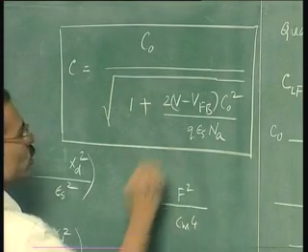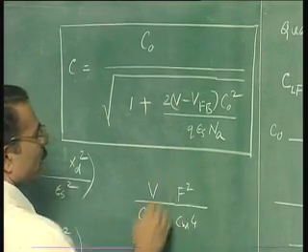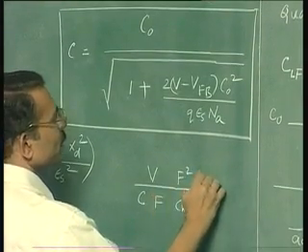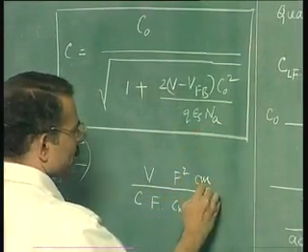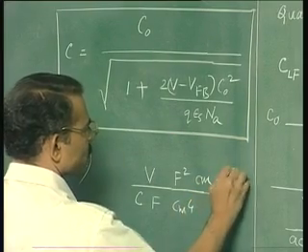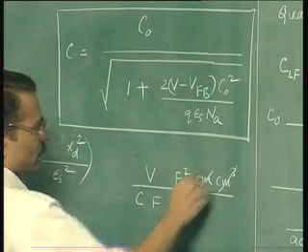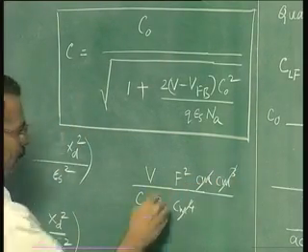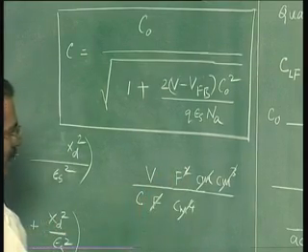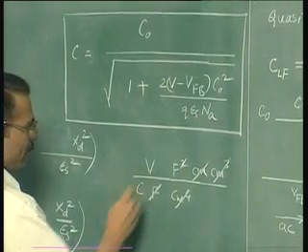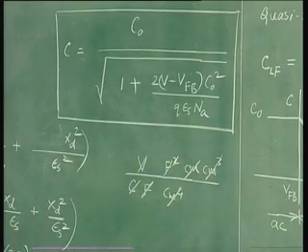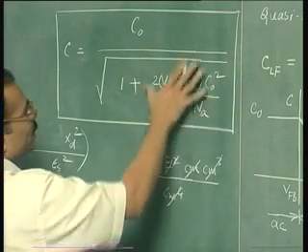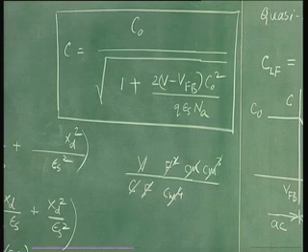Then Q is coulomb, epsilon is farad per centimeter, and doping is per centimeter cube. This farad cancels with 1 farad there, and farad into volt is coulomb, so this cancels. So this term is dimensionally correct.